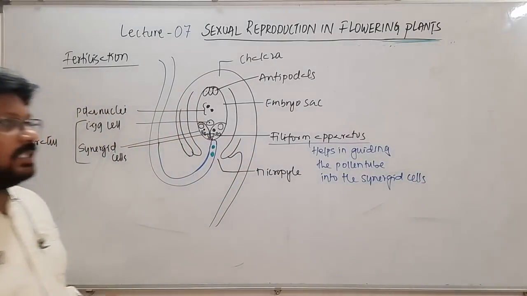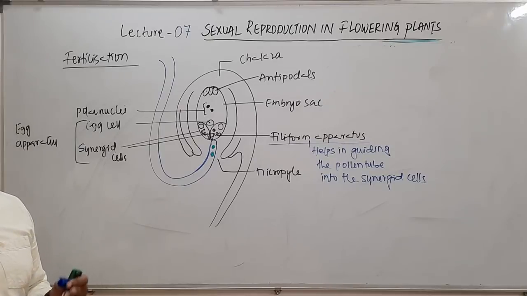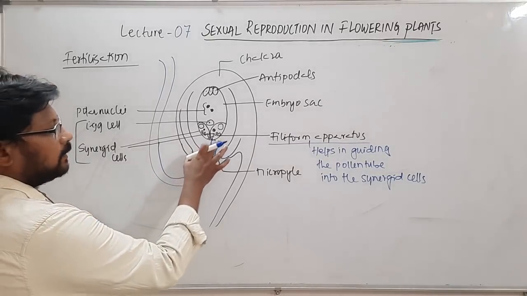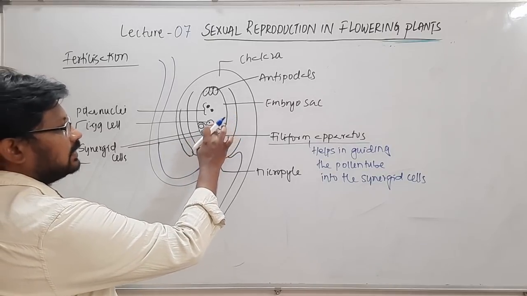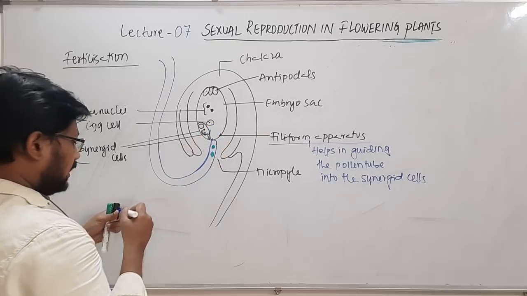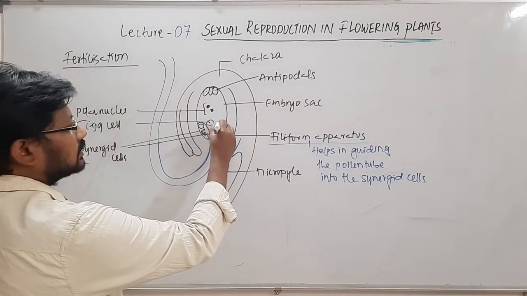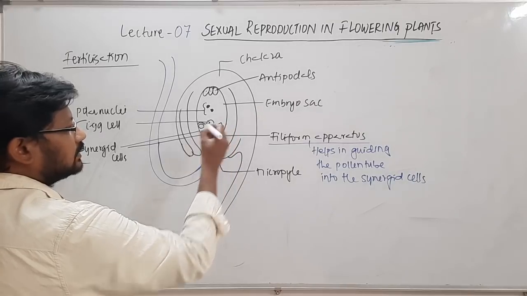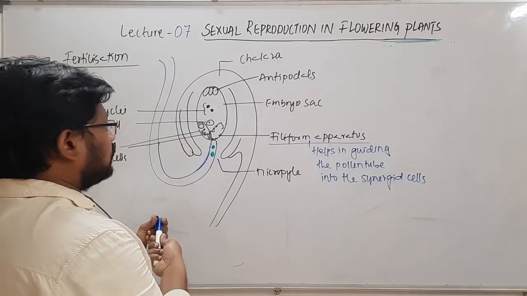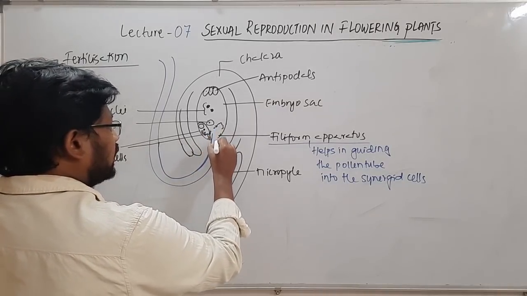There is in fact chemotaxis taking place, and as a result the pollen tube enters into one of the degenerating synergid cells. This is a degenerating synergid cell, and I'm just showing it here. Finally the pollen tube has entered into it.